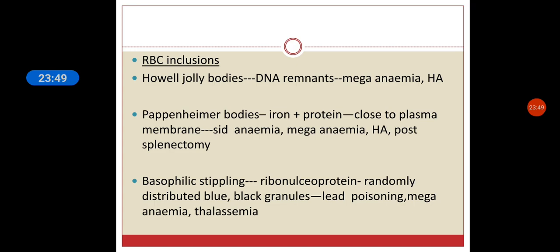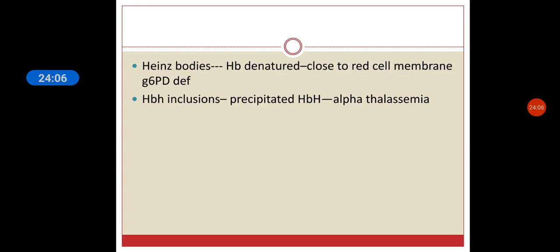And then another inclusion which is seen as basophilic stippling. So basophilic stippling is random blue spots which I showed you in the RBC. It can either happen in thalassemia or in case of megaloblastic anemia, in cases of lead poisoning. All these cases you will get RBC inclusions. Okay. So what is Heinz bodies?